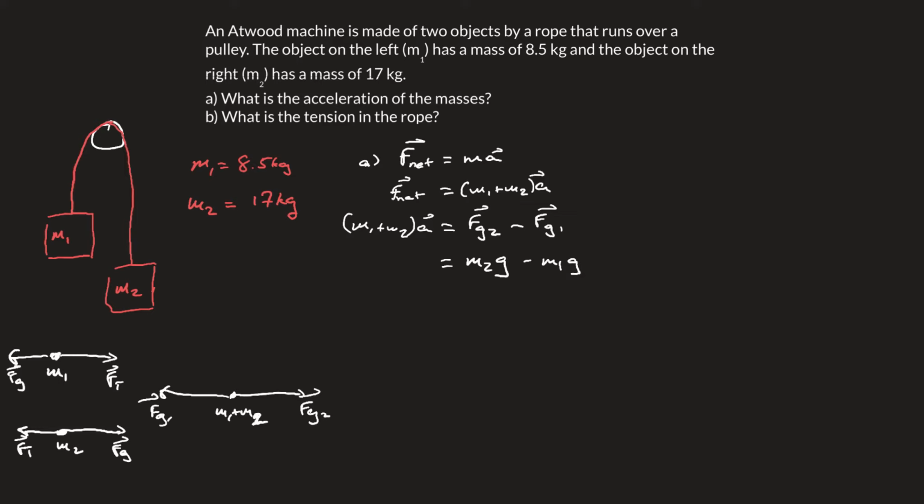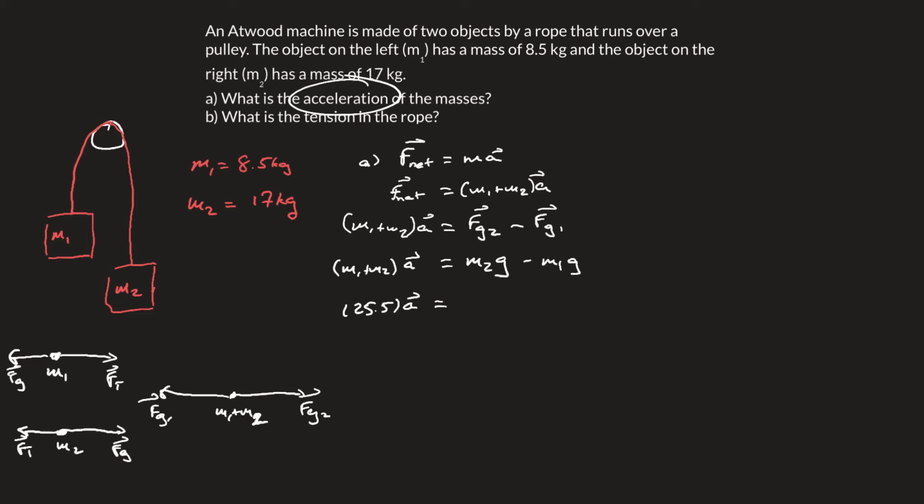So we can expand this a little bit further and have m2 times the force of gravity minus m1 times the force of gravity. Now that we have all of this information, we can start to plug in some values. Don't forget that we have m1 plus m2 times a on the left. So m1 plus m2, 25.5 kilograms times our acceleration, which we're going to solve for ultimately here. What is the acceleration of the masses?